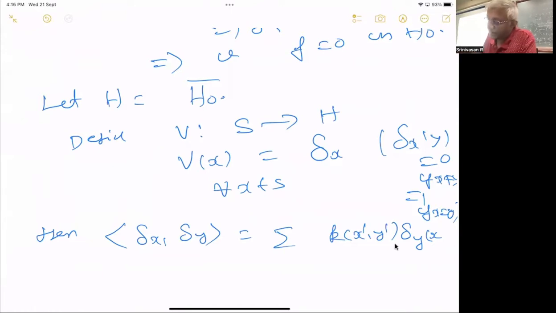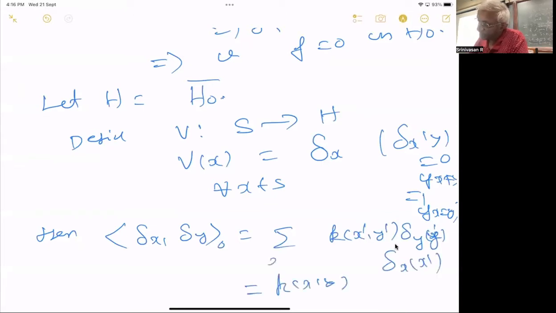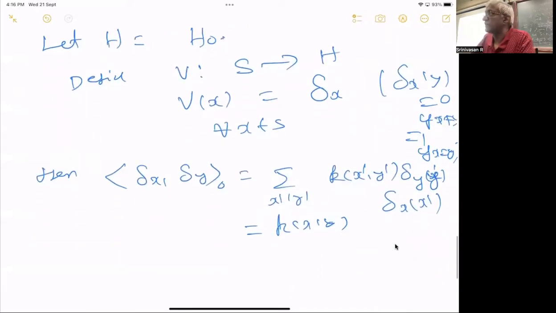If we take the naught inner product of delta x and delta y, that is going to be just K(x, y). Maybe there's a bar, it doesn't matter because it's going to be 1.